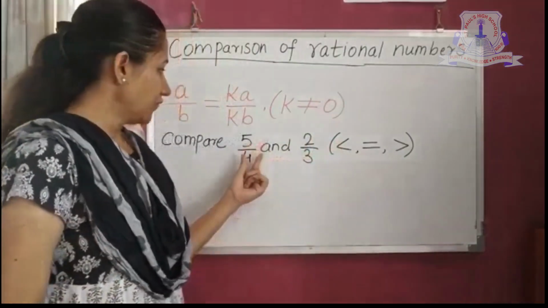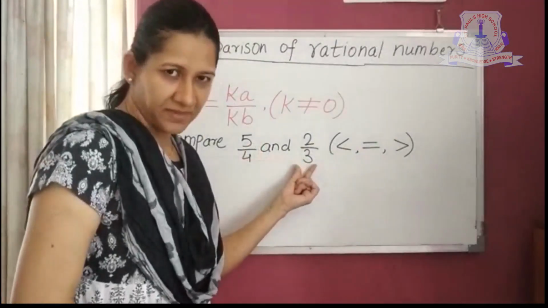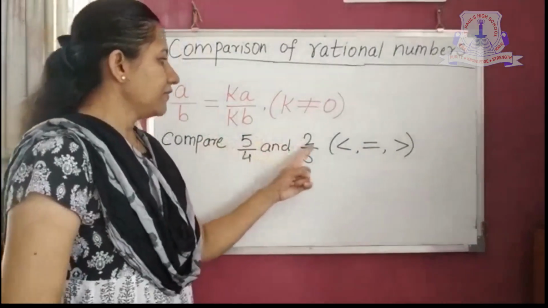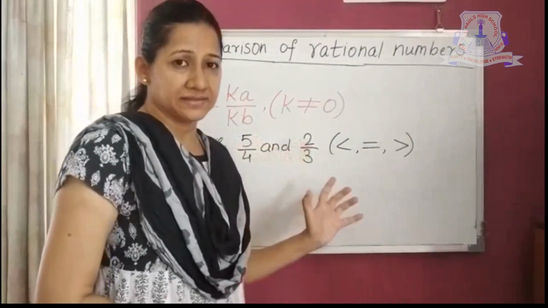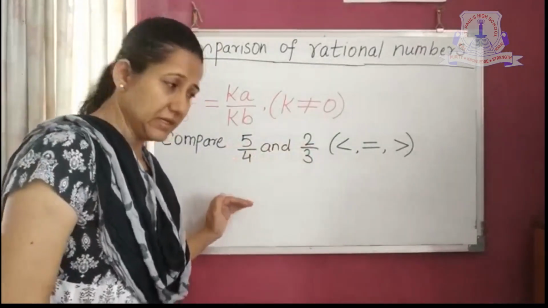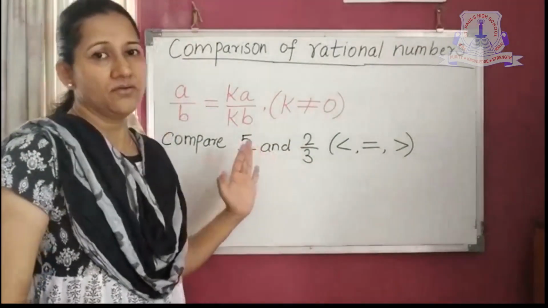After equalizing the denominators by using the constant, the fraction with the greater numerator will be the greater fraction.